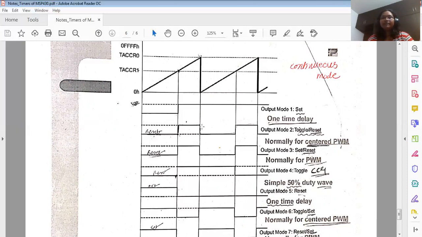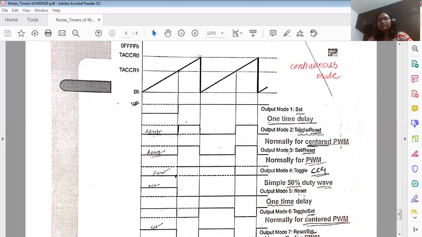So this will be set till the TAR register value is equal to the contents of CCR0. When TAR is equal to CCR0, again it toggles and it will be reset, and this process will go on, and you will get the pulse width modulated signal in this way.